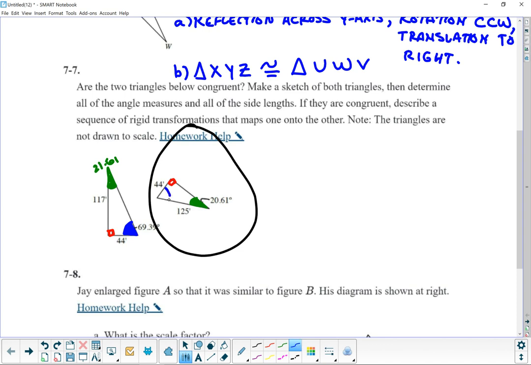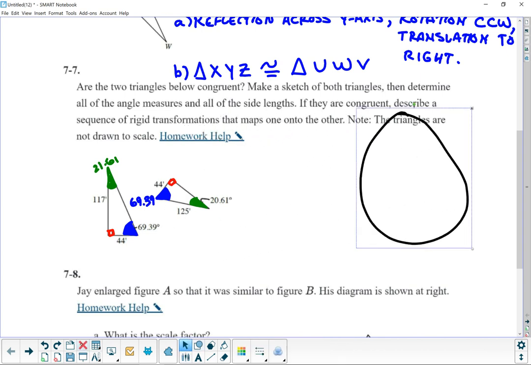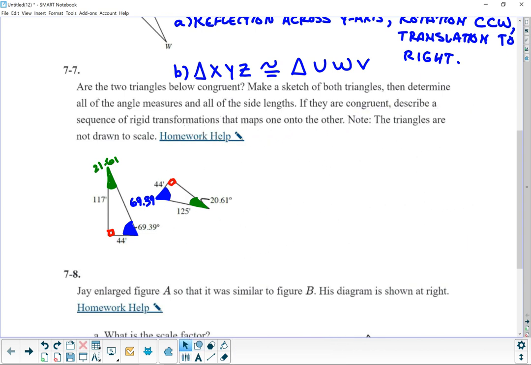So this tells us that this angle is 69.39. So there you have it. All the angles match and all the sides match. So they are congruent.